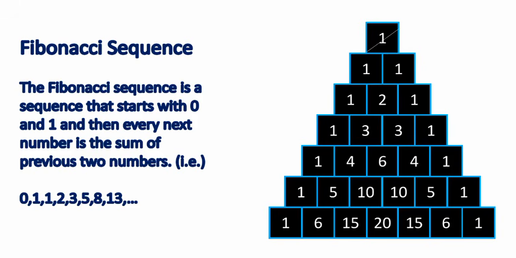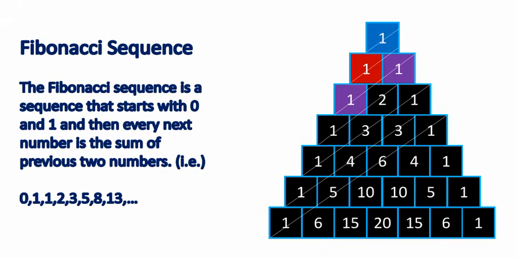Now, observe this orientation of lines in the Pascal triangle. On the first line, there is only a single number, that is 1. On the second line, there is only a single number, that is again the 1.